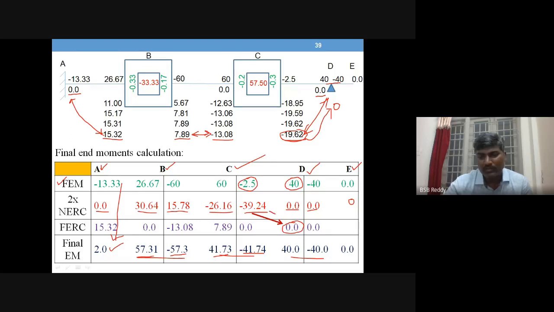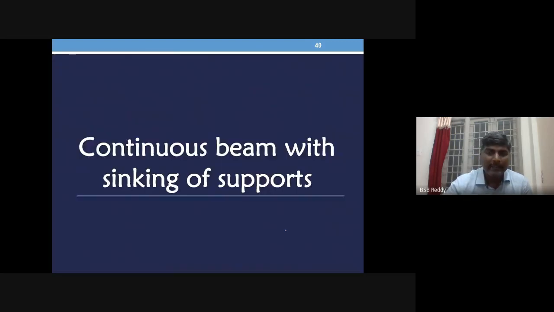It is to be noted that from C to D far end rotation contribution will not be there, 0. Okay, right. So next session we'll take up this continuous beam with sinking of supports.